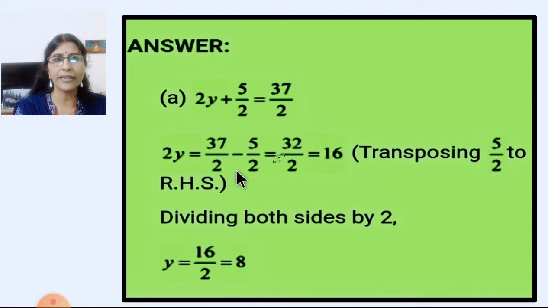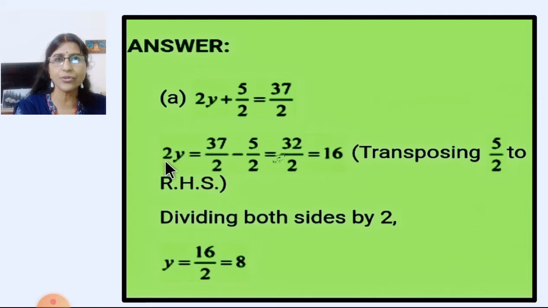And now here you can see both the denominators are the same. So the LCM of these 2 numbers will be 2 only. Then we subtract 37 minus 5, we will get 32. 32 divided by 2, when you reduce this, you will get 16. Now we have got 2y is equal to 16. Now we have to remove 2, because 2 is multiplied by y.